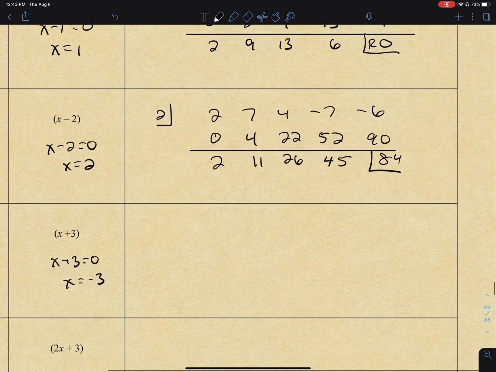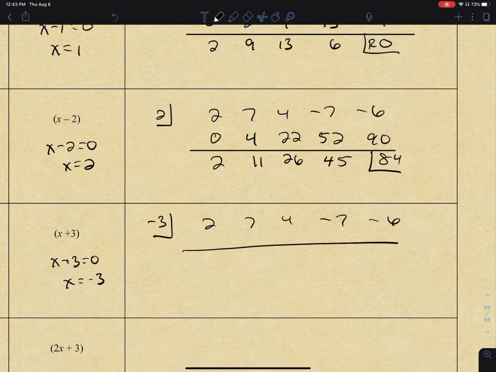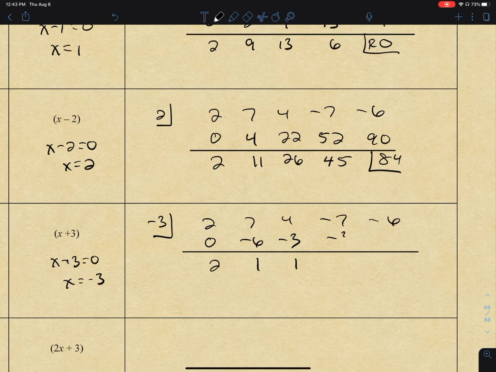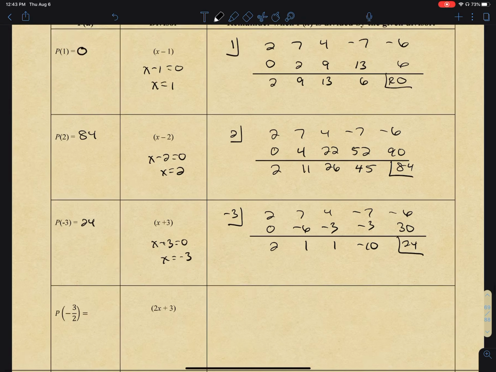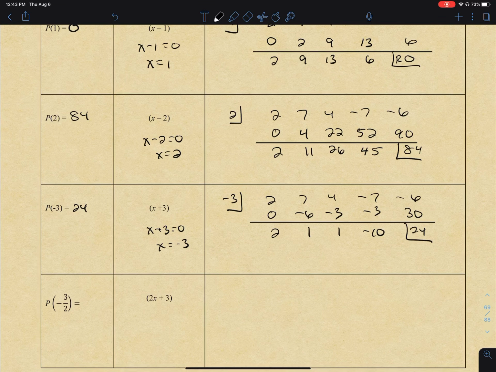Let's see if that works. Synthetically, I'm dividing it by -3. We add and then multiply, and we add and we multiply, and we add and we multiply, and we add and we multiply. And I got a remainder of 24, just what we expected.